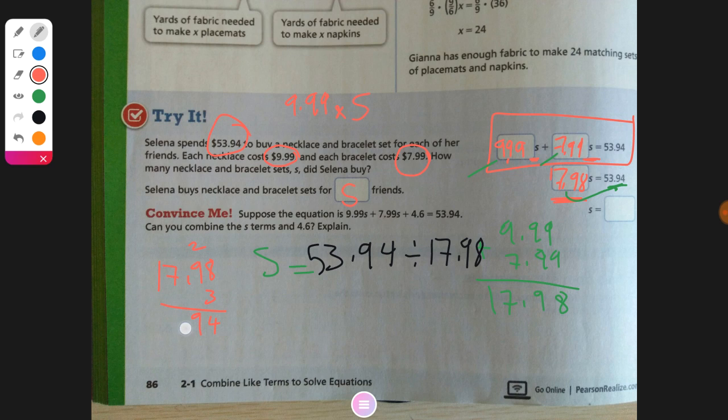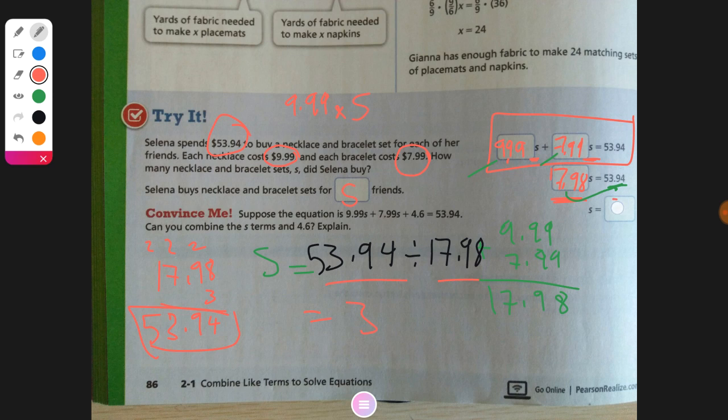Then put the point. 9, and I carry 2. 7 times 3 is 21, plus 2 is 23, 3, and carry 2. 1 times 3 is 3 plus 2 is 5. The same number, yes, so it's 3. If we divide this number by this number, the answer will be 3.